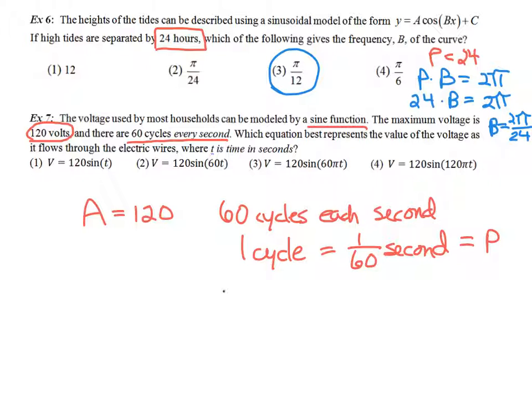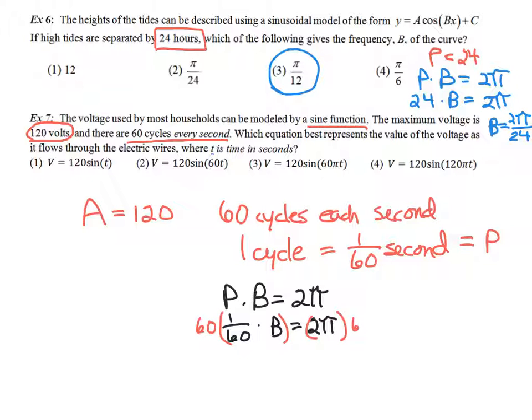We want to use our equation P times B equals 2 pi so that I can put the B into the equation. You'll notice that, again, the B is the coefficient of the x, and I need to know what goes in front of the x. In this case, it's the variable t instead of x. P is 1/60th. I want to solve for B, and the product has to equal 2 pi. So if I multiply both sides of the equation by 60, then that's going to tell me that B has to equal 120 pi.